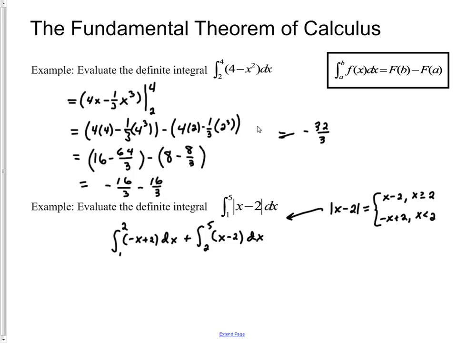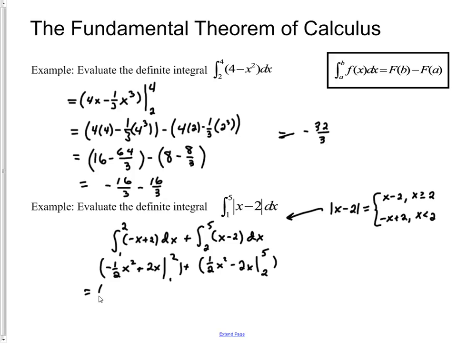And now we would evaluate our antiderivative as appropriate. We would see it as the antiderivative of negative x plus 2, which is negative 1/2 x squared plus 2x on the interval from 1 to 2, plus the antiderivative of 1/2 x squared minus 2x on the interval from 2 to 5.